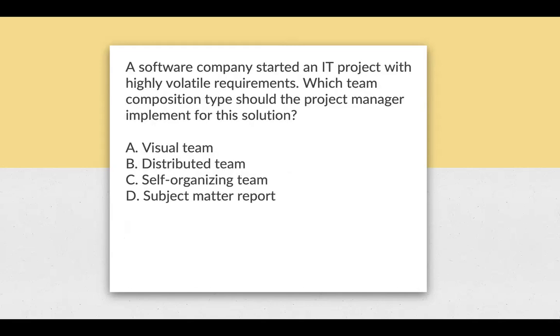Next question. A software company started an IT project with highly volatile requirements. Which team composition type should the project manager implement for this solution? A. Virtual team, B. Distributed team, C. Self-organizing team, D. Subject matter expert.